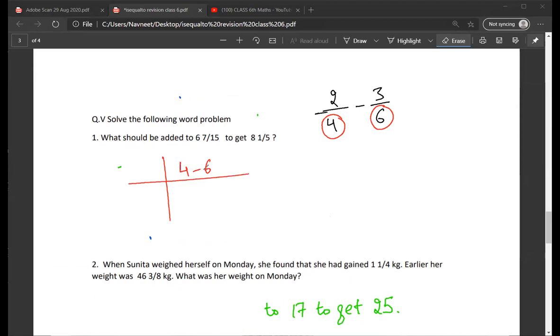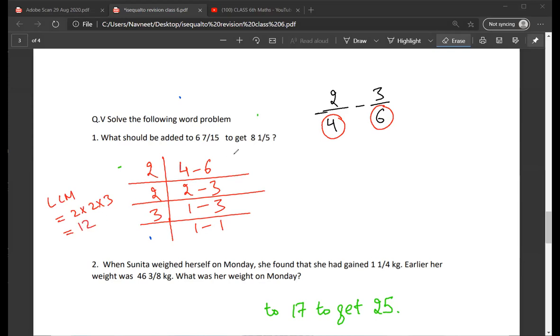You can write 2, and then you can do 1. Then 1, 3 and then 1 is 1. So the LCM would be 2 into 2 into 3, 12.